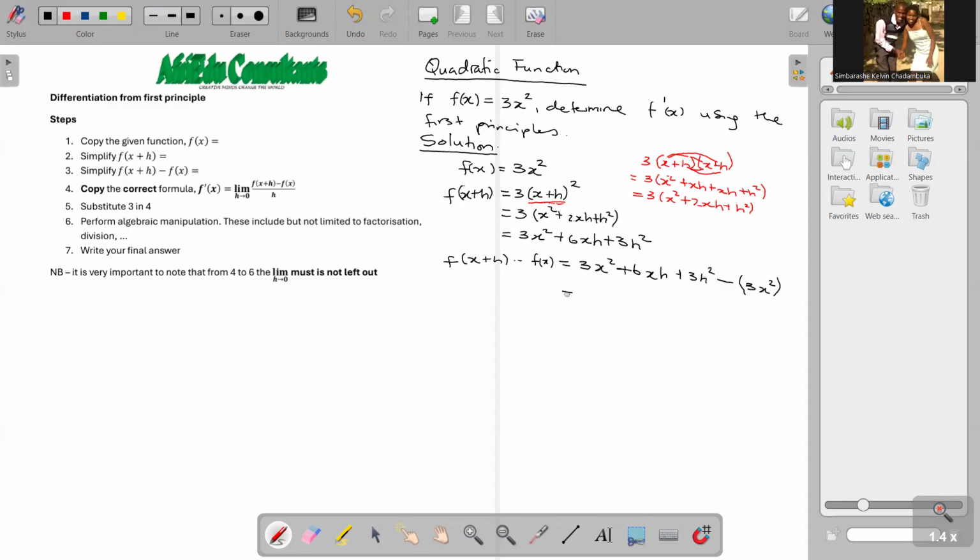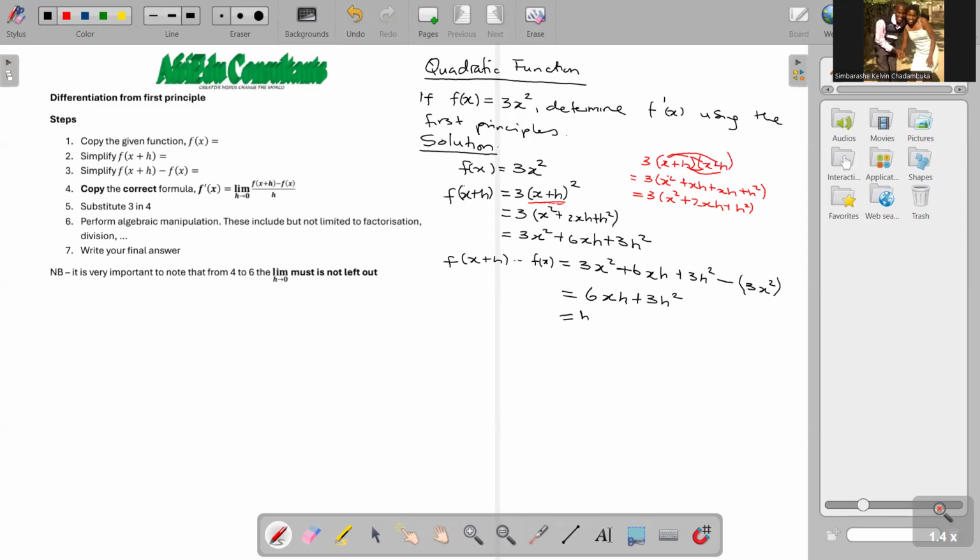Everything in the bracket will be gone because it's going with this one. So we are left with 6xh plus 3h squared. If we check, we have a common factor h there. So let's just factor out the h, not the highest common factor. Let's just factor out the h.